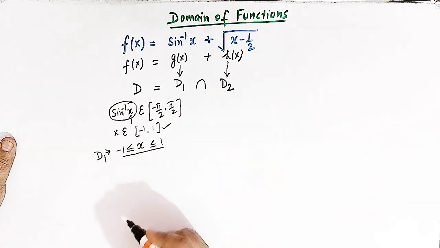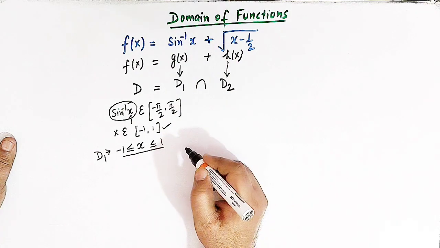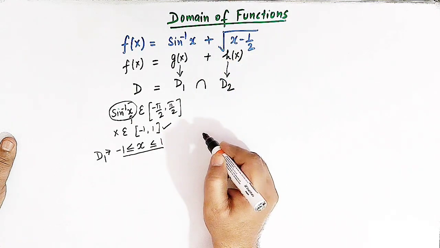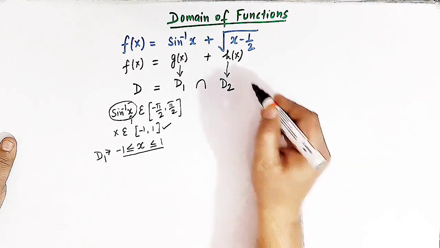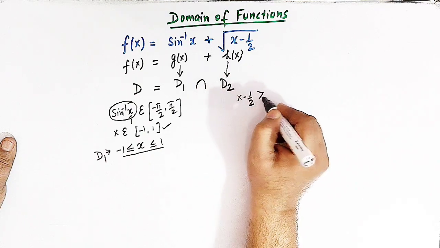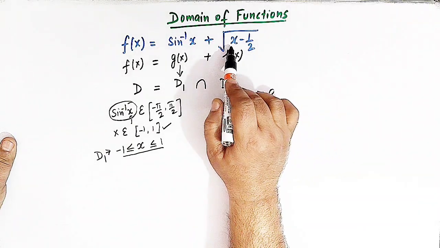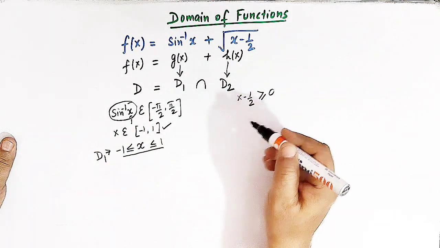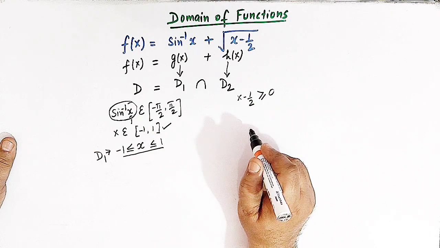Now let us find out d2. Now here we have the square root function, and anything which is inside the square root function has to be positive or equal to 0, because here x minus half should be greater than or equal to 0, because we cannot have a negative number inside the square root sign. In that case, the number does not belong to the set of real numbers, right?